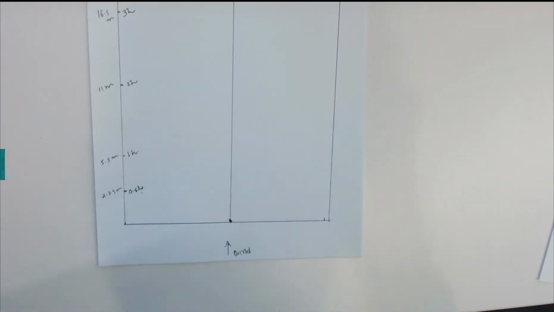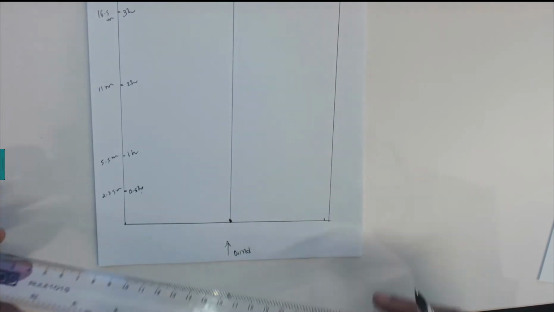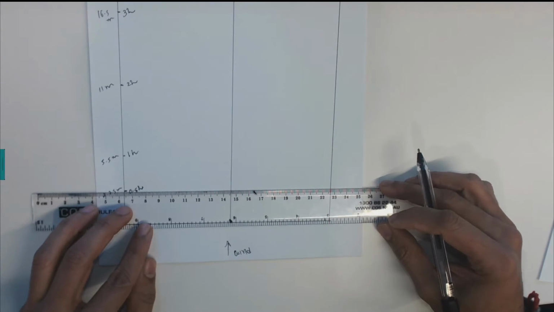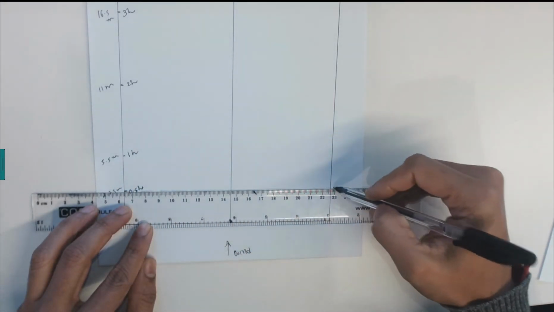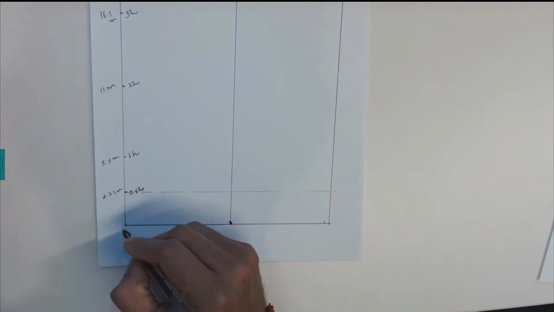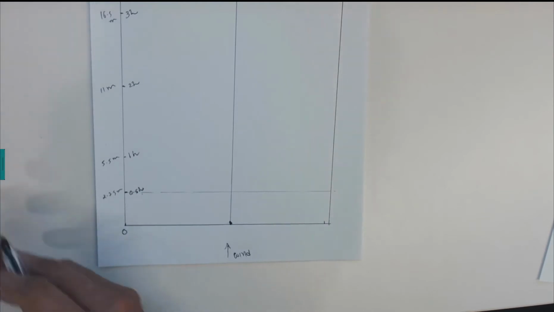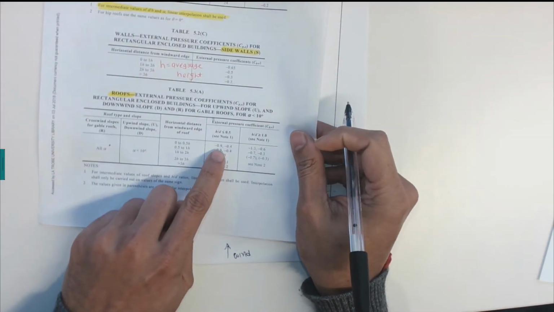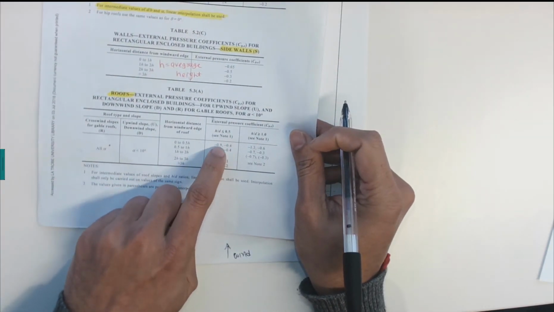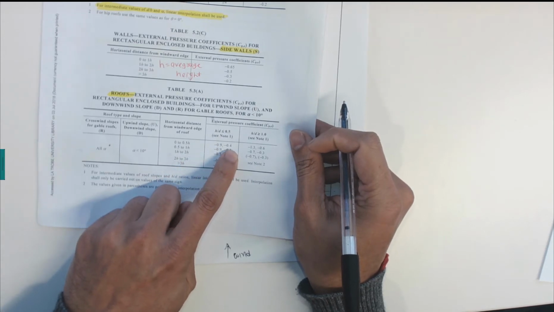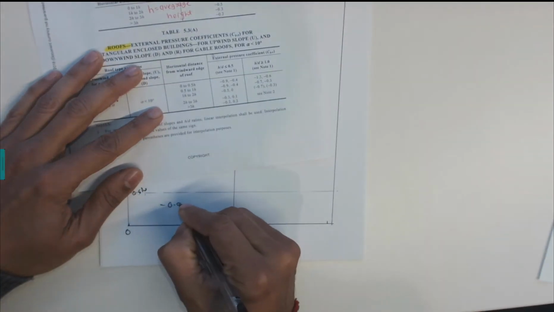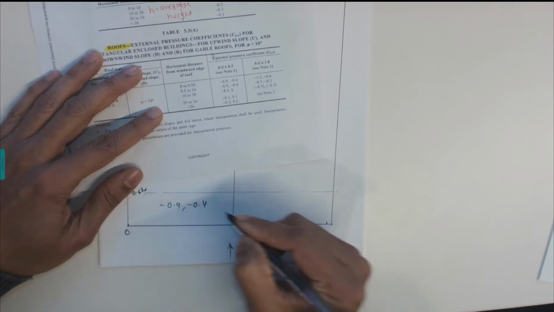Now in this case we can put the values for the roof. For the roof, let's draw the dotted line. So for this region, 0 to 0.5 H, we have the H on D ratio less than 0.5, so we have two values, which are minus 0.9 and minus 0.4.